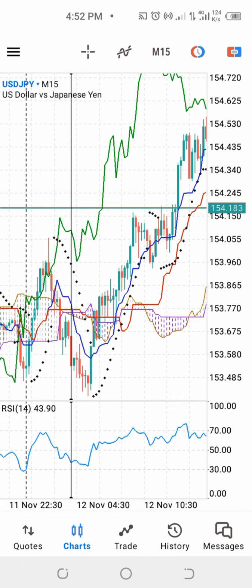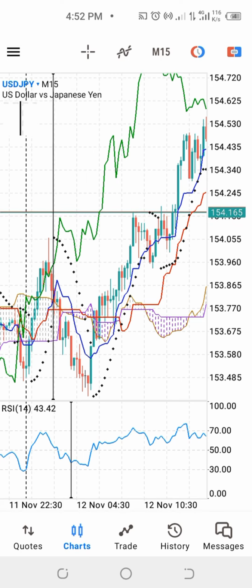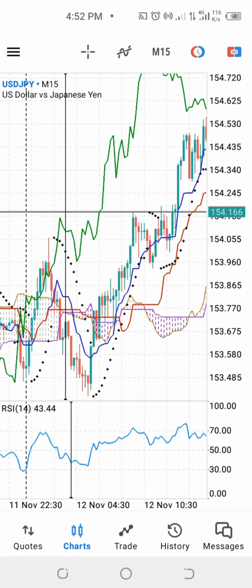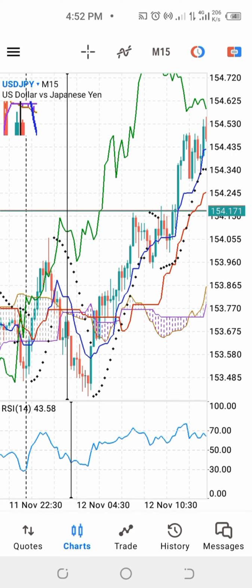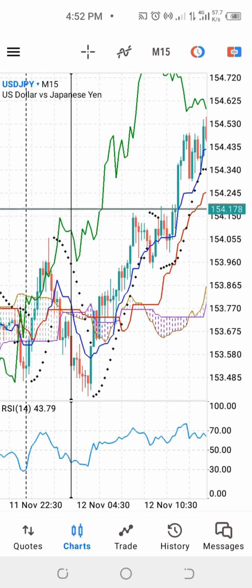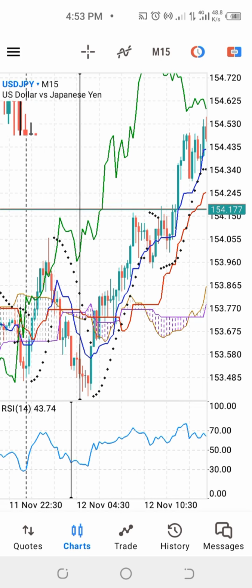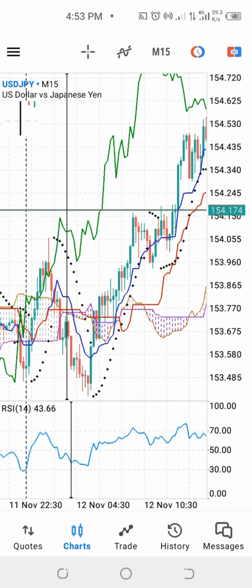Now for the M15 time frame, I'm simply going to wait for the price moving from the other direction. Simply put, I'm going to wait for the correction, and as soon as the correction is over, I dive into the trade. How do I mean? The parabolic SAR for H1 is indicating an uptrend, so on the M15 time frame you need to wait for the parabolic SAR to show you that the market is coming from the opposite direction, which is the correction or consolidation.